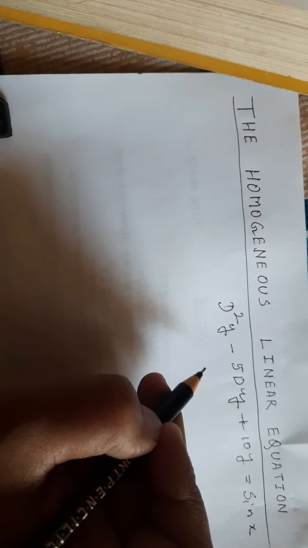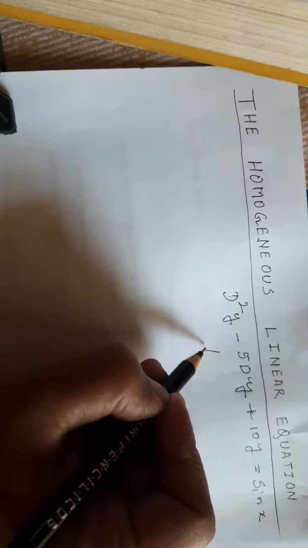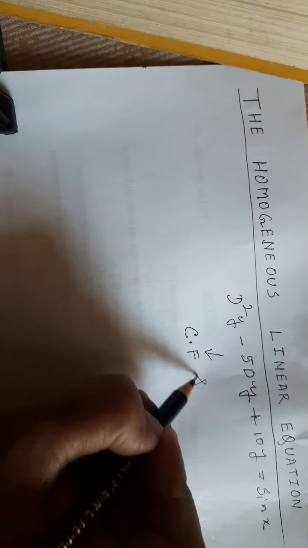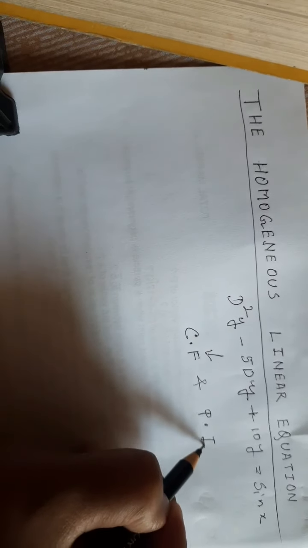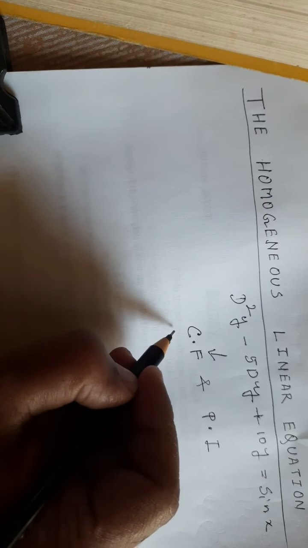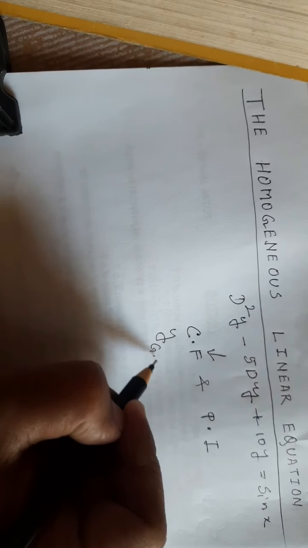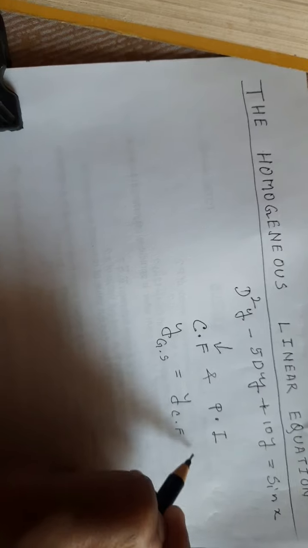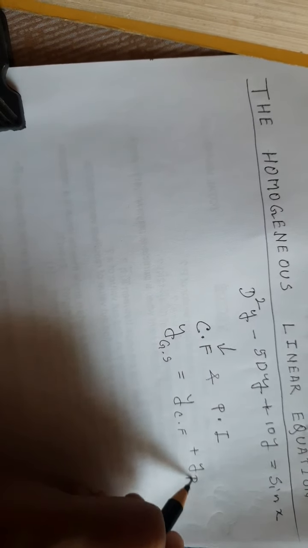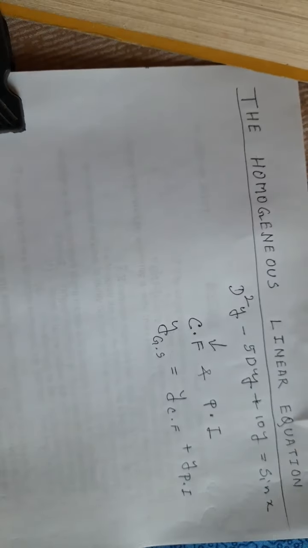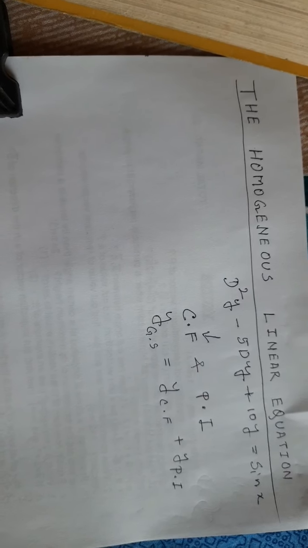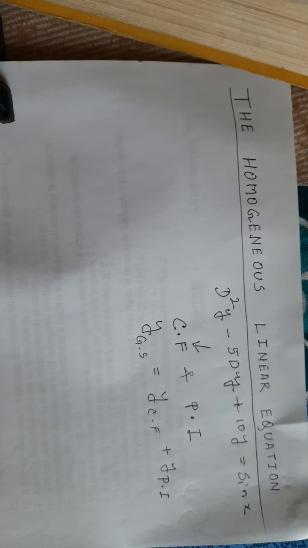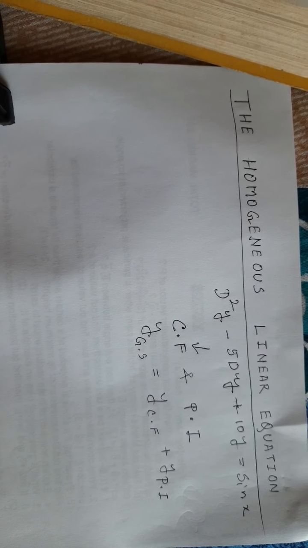It has been solved by finding the complementary function and particular integral, and the final general solution will be y GS equals y CF plus y PI. This type of thought is already generated in your brain and you already know about this.